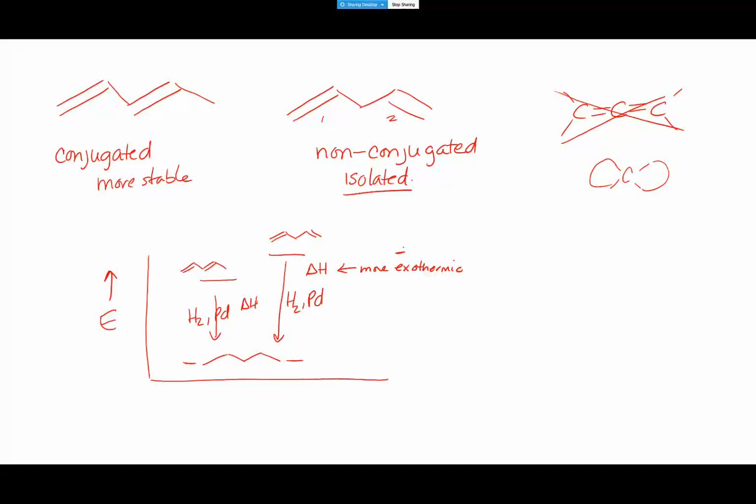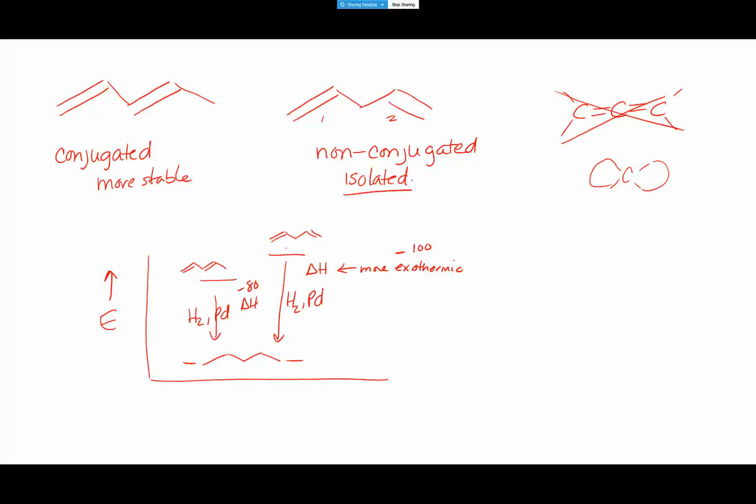So what I do is I start with the final product. If, let's say, this one was minus 100, and over here this was minus 80, then I would go up 100 units. I'd only go up 80 units. And so looking at the double bonds, I would say, okay, the conjugated system has a lower heat of hydrogenation, and so therefore it's more stable than the one that has the higher heat of hydrogenation.